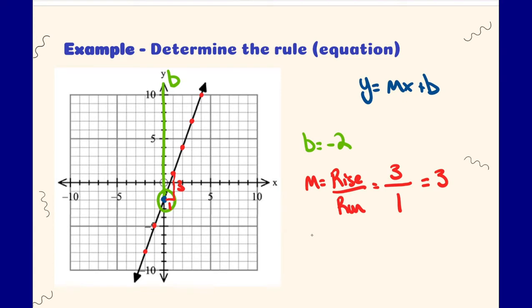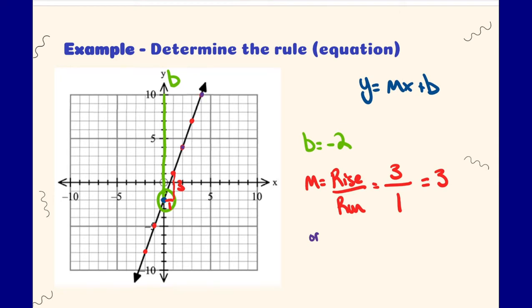If we wanted to do a different example, let's not use the y-intercept. Let's just use two different points, just so we get an idea. I'm going to use this point here and this point here.